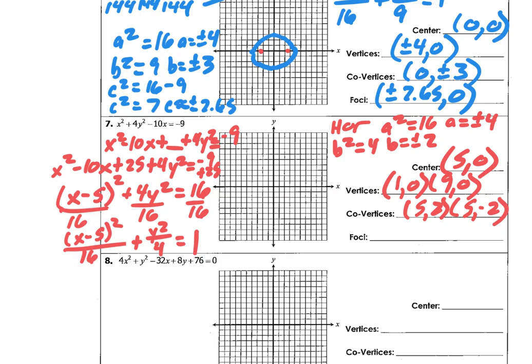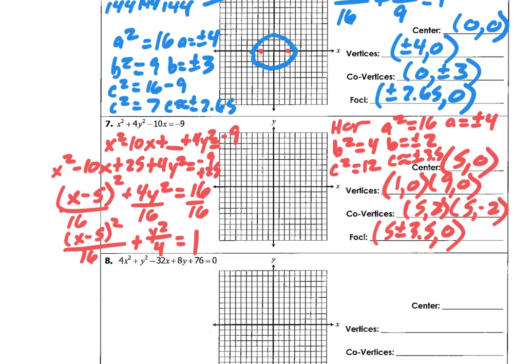Okay, for my foci, C squared is going to be 16 minus 4, which is 12, so C is about 3.5. And that would be my foci.